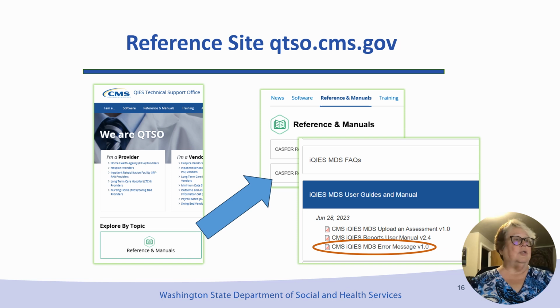You want to go to References and Manuals at qtso.cms.gov, and you're going to have the reference manuals, and it tells you the error messages one by one, what they all mean, and gives you a little bit more information about what they all mean.